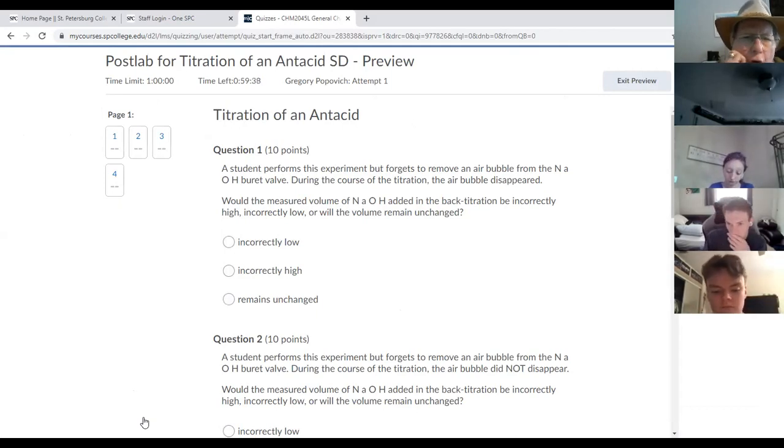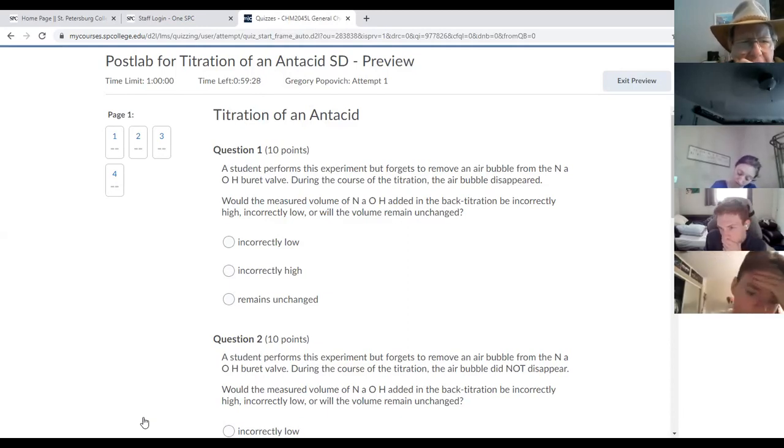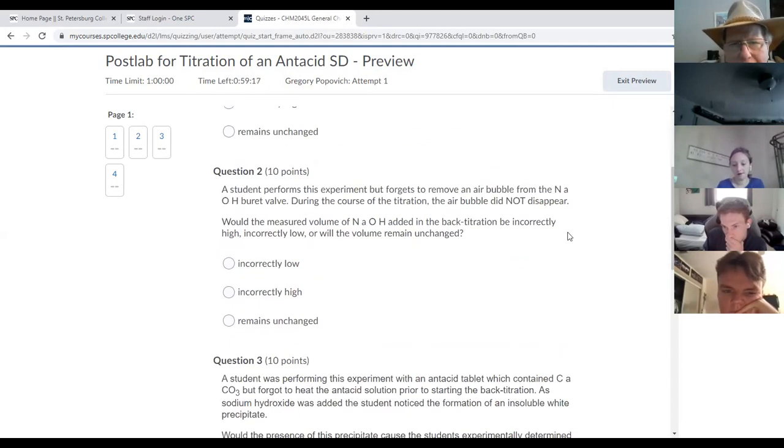Would the measured volume of the NaOH be incorrectly high, incorrectly low, or would the volume remain unchanged? You've got to figure how that bubble affected the volume of NaOH. Second question, the bubble did not disappear. What would happen?